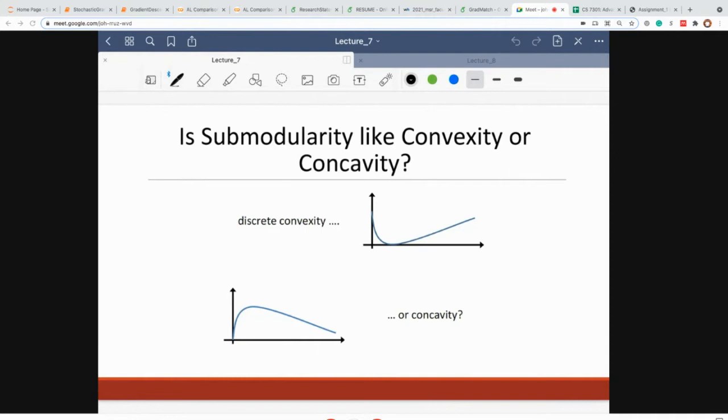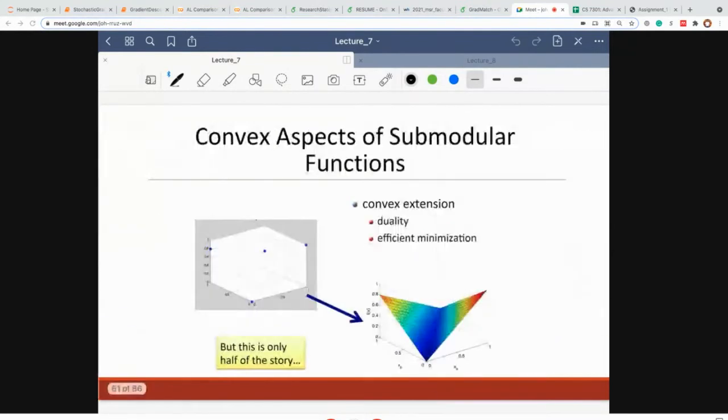They're neither convex nor concave in terms of certain properties of submodular functions, but in other properties they are more like convex or concave. So we'll go over some of these things.